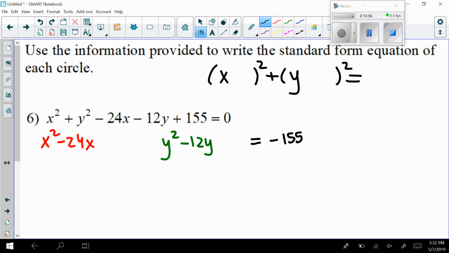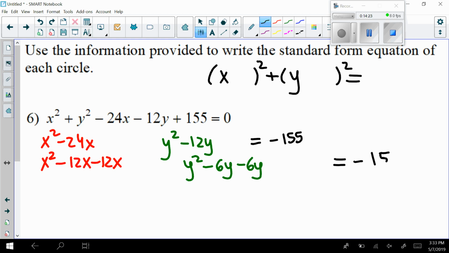Now I'm going to split my 24 x's into two equal parts. Half of 24 is 12, so I'm going to break it up, and it still has to be negative. I'm going to do the same for my y's. If I split it, I get negative 6y and negative 6y. We're splitting it equally to make sure that we end up with the same two factors when we factor.